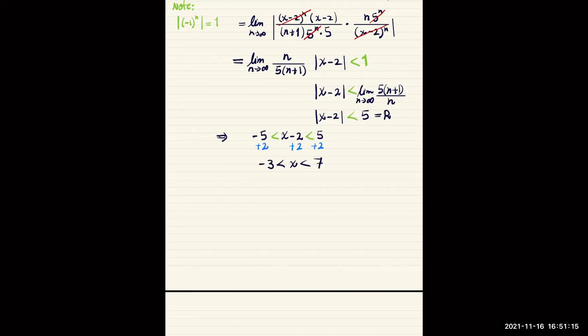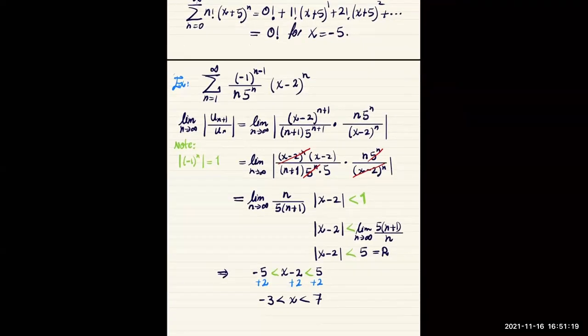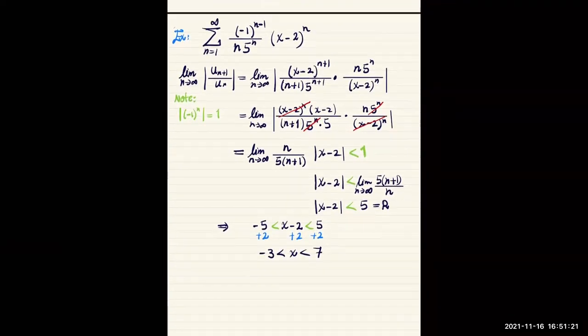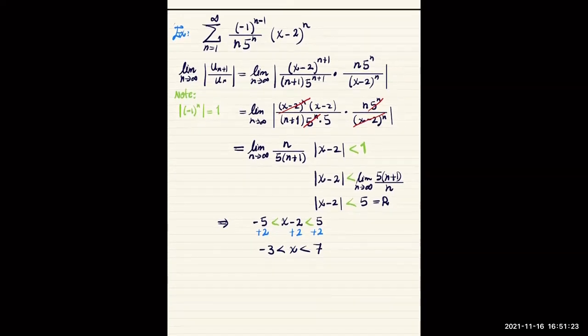So what this says is that this power series is going to converge absolutely when x is between -3 and 7.